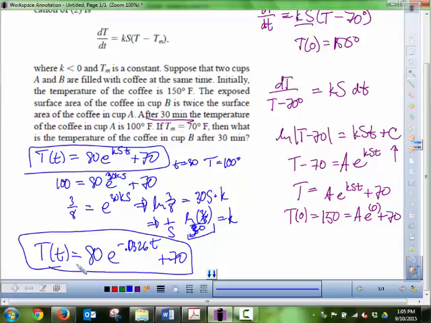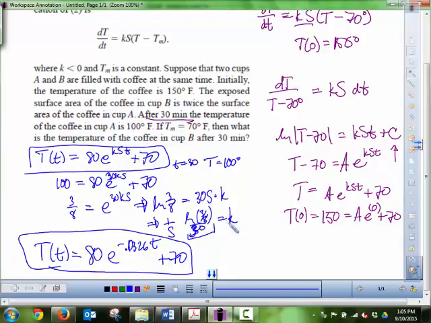Oh, for cup B. Well, you would put it up here.